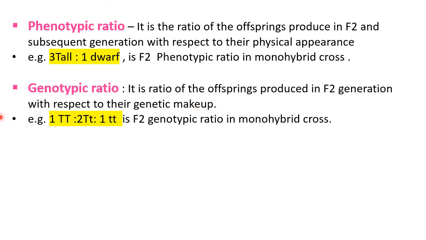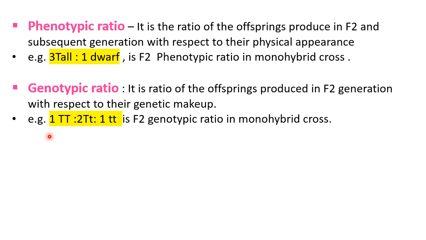In the example of crossing tall pea plant and dwarf pea plant, we have seen in F2 generation that the plants are produced in the ratio of pure tall pea plants 1, hybrid tall pea plants 2, and pure dwarf pea plants 1.